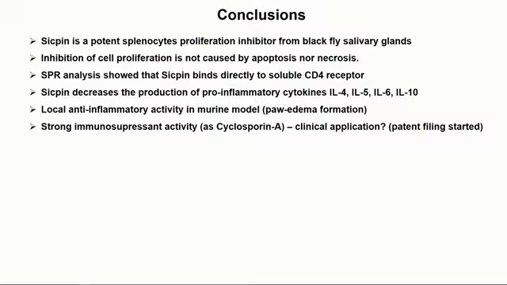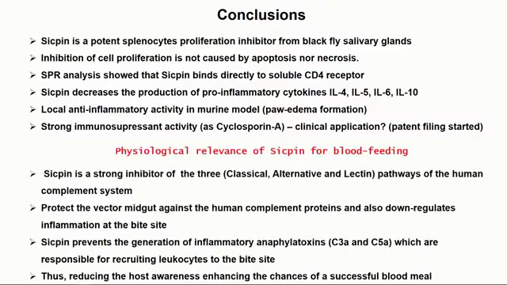And at the time we were done with this, I wasn't convinced that inhibition of T cell proliferation was actually the biologically relevant activity for the fly. So we continued studying this molecule, and we found out that it's actually an inhibitor of the complement system.